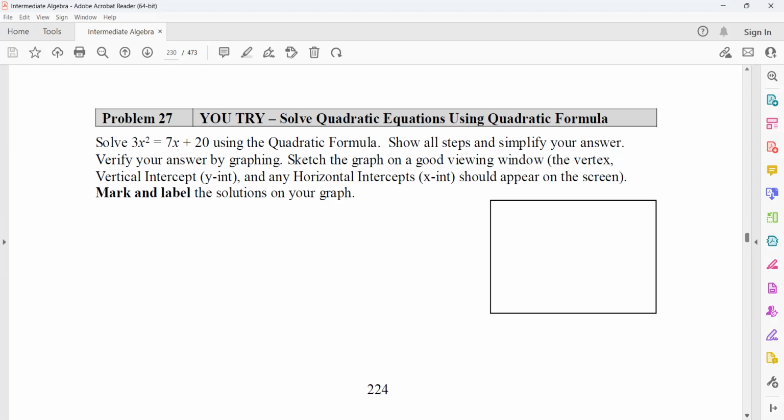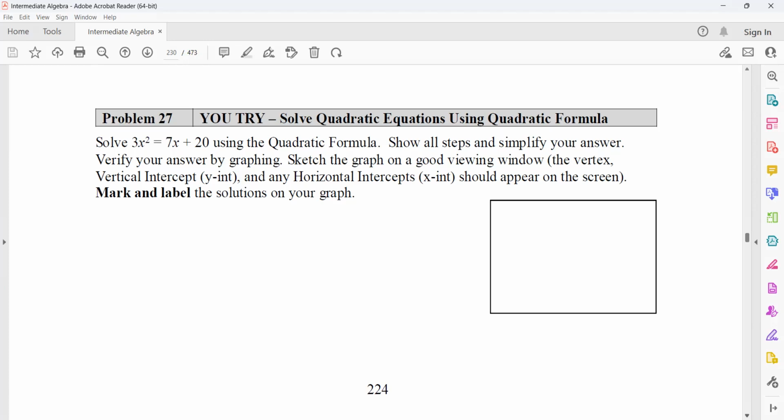Show all steps and simplify your answer. Verify your answer by graphing as well, and then sketch the graph on a good viewing window. The vertex, the vertical intercept, and any horizontal intercept should appear on the screen.